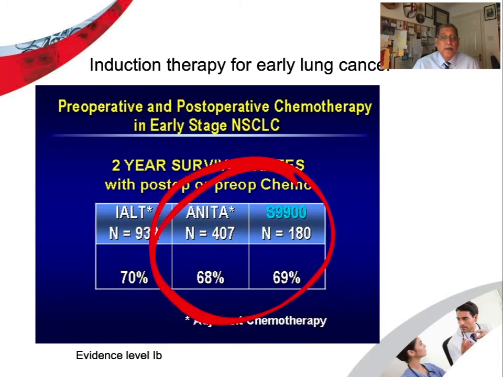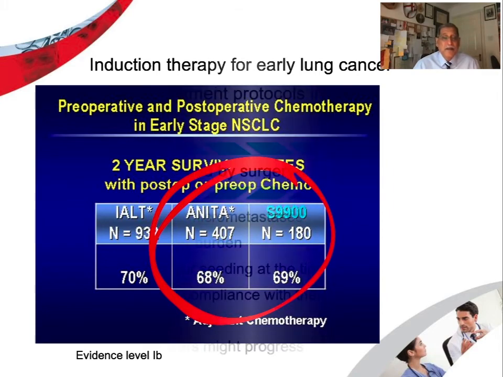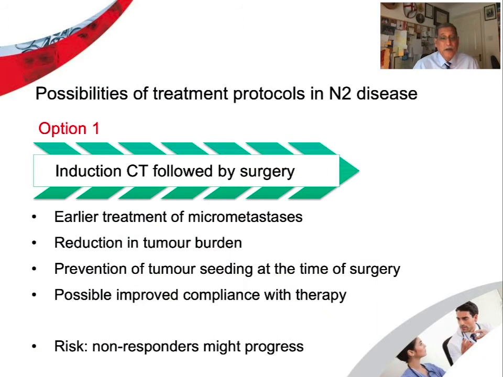This slide compares the 2-year survival rates of the S9900, which studied preoperative chemotherapy, against the ANITA study, which looked into post-operative chemotherapy. So we were comparing chemotherapy before and after surgery. You can clearly see that the results at 2 years are identical, which corroborates the systematic review by Eric Lim and his colleagues I mentioned in an earlier slide.